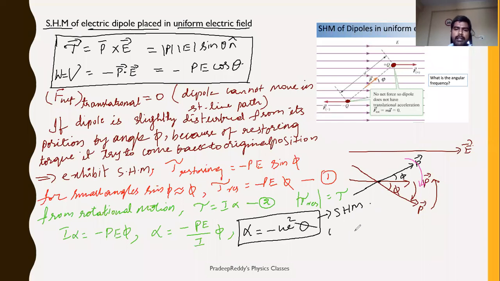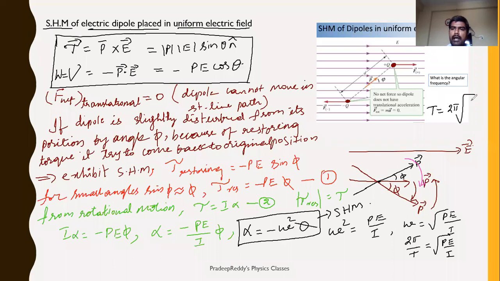And ω² can be equated to pE divided by I, and ω is equal to the square root of pE divided by I. ω is equal to 2π by T. So 2π divided by T is equal to the square root of pE by I. From here you can find the equation for time period: T is equal to 2π times the square root of I divided by pE.